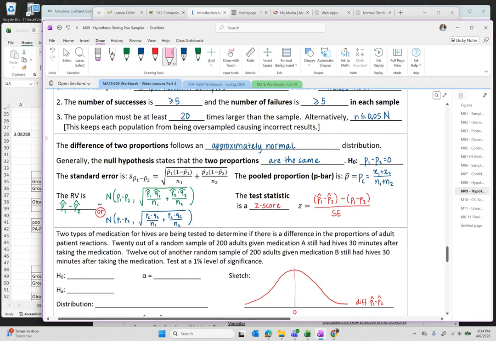And this pooled proportion equals the proportion of successes in total out of the total sample size between the two samples. So if I have x1 successes in sample 1 of size n1 and x2 successes in sample 2 of size n2, then the pooled proportion is x1 plus x2 divided by n1 plus n2.